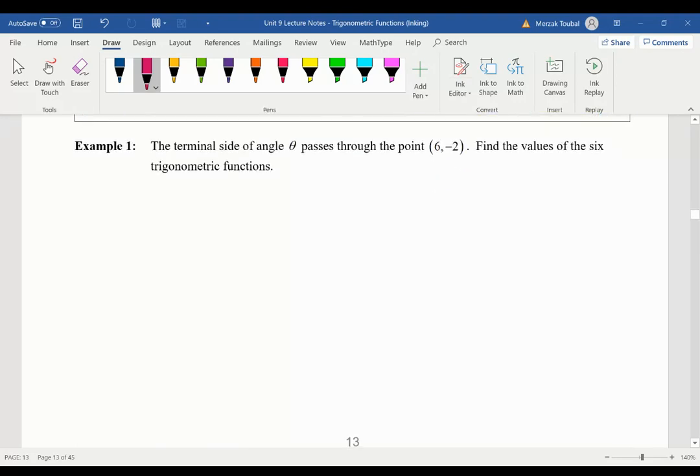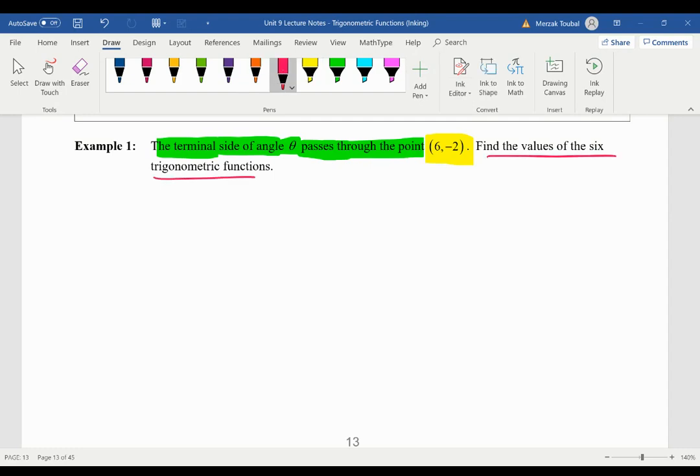Example 1 says the terminal side of some angle theta passes through the point (6, -2). The question says find the six trigonometric functions. Let's sketch something here.